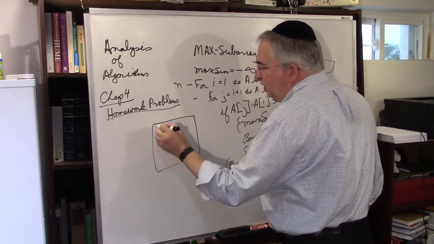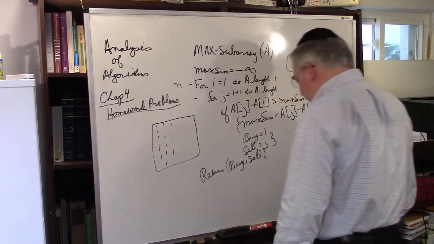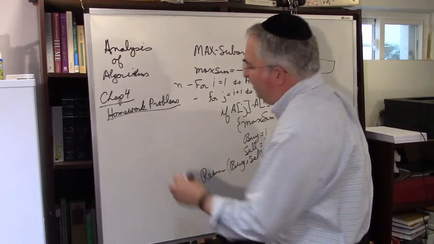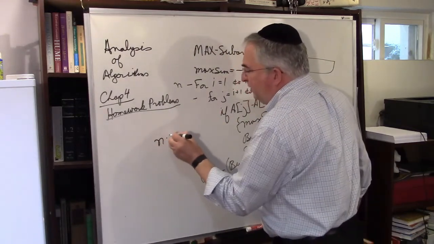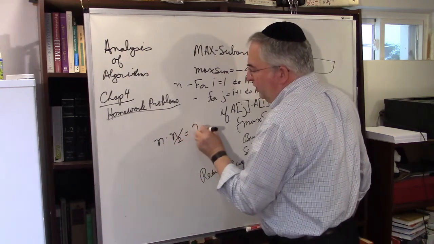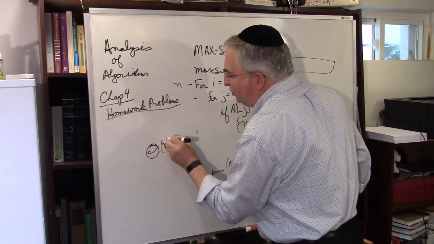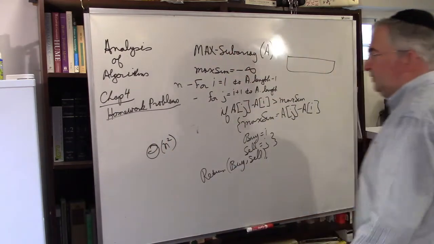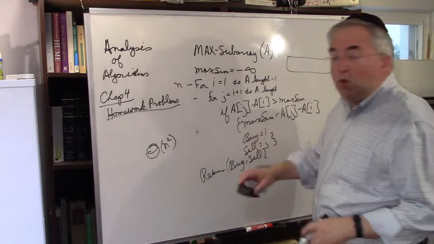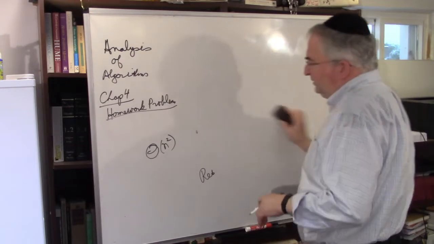We did this with the Gauss trick, and it turns out it's about n times n over 2, which is theta of n squared. So that takes care of section 4.1. Now let's go on to section 4.2.